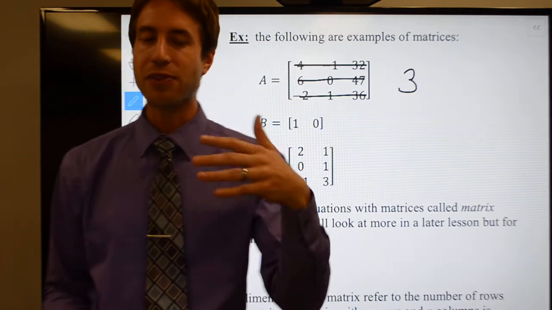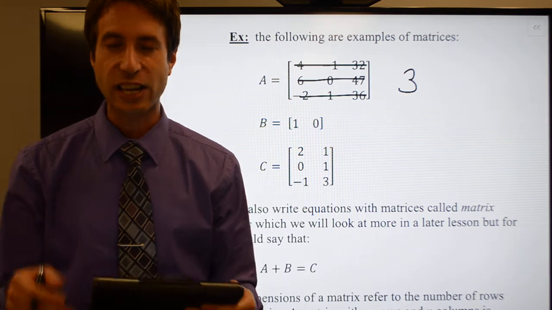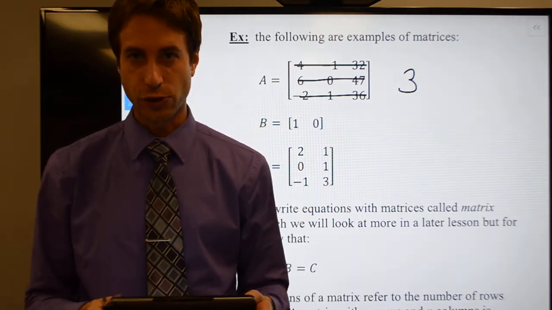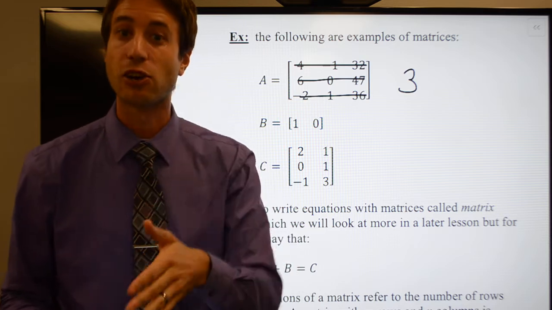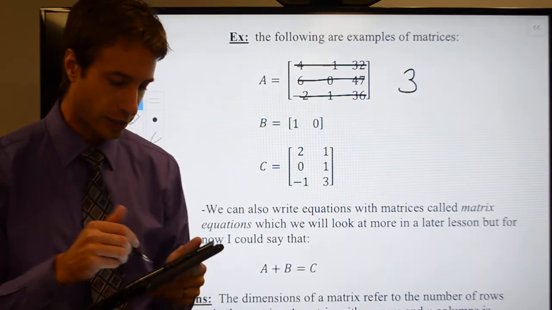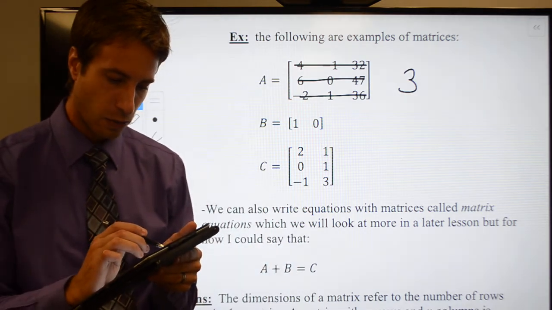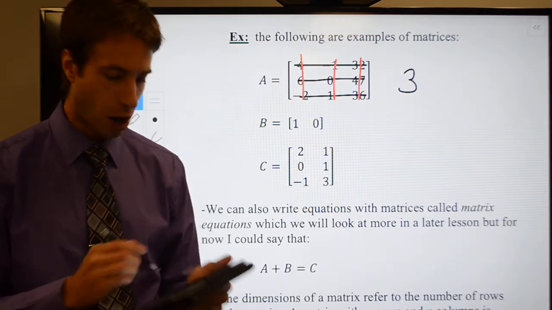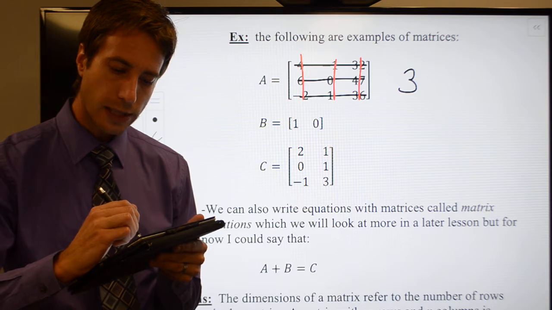And then we figure out the number of columns. Columns are going to be moving vertically through the matrix, elements that are lined up vertically. So I have 1, 2, 3. I have 3 columns. Columns always come second.